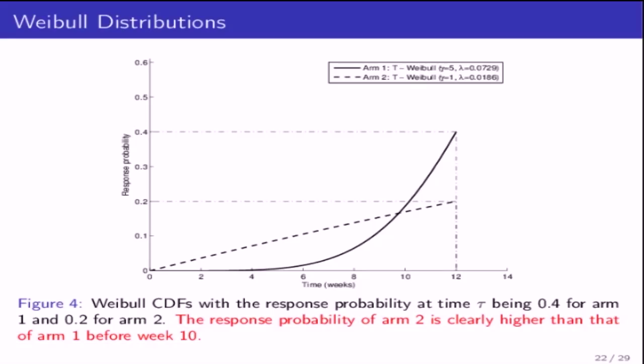By week 12, the response rate for arm 2 is 0.2, and the response rate for arm 1 is 0.4. But you notice that these 2 curves are quite different, using different shape and scale parameters. Particularly, the dashed curve is higher than the solid curve before week 10. That would cause some problems if you consider the delayed response. I'm going to show you in a minute.